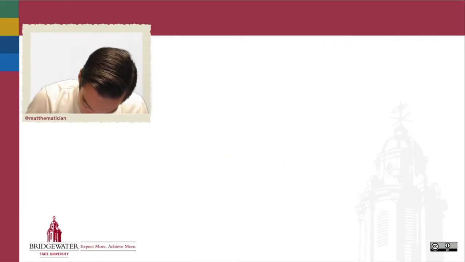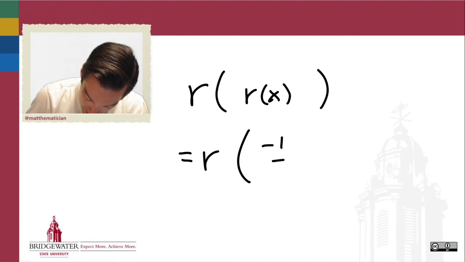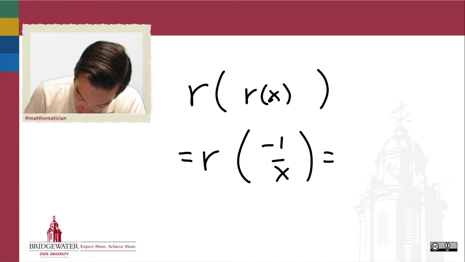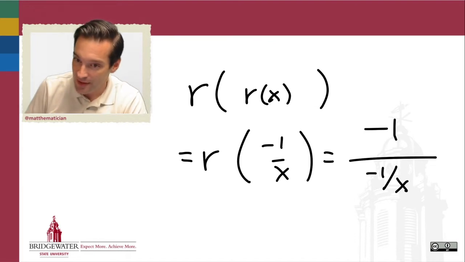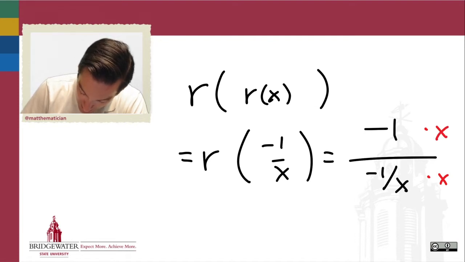Right? What is R of R of x? Well, that's just R of the opposite reciprocal of x, because that was the definition of my R function. And R of minus 1 over x is minus 1 over minus 1 over x. But then you do your complex fraction thing, multiply the numerator and denominator by x and by negative 1.